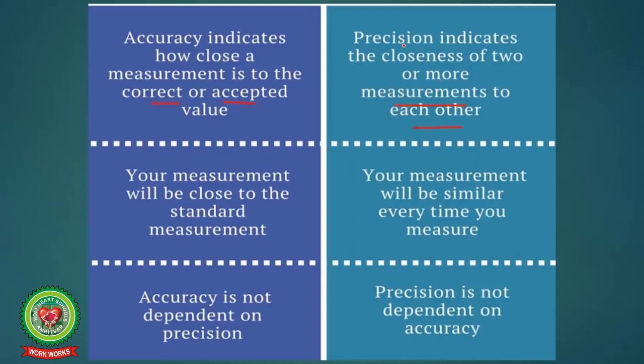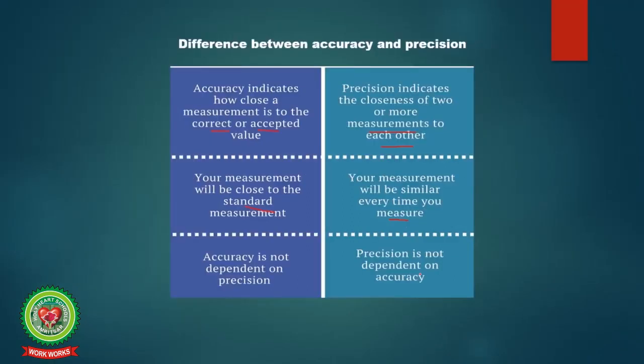Your measurement will be similar every time you measure. And last, accuracy is not dependent on precision, and precision is not dependent on accuracy. This is the summarized difference between accuracy and precision. Now the next topic is least count of measuring instruments.